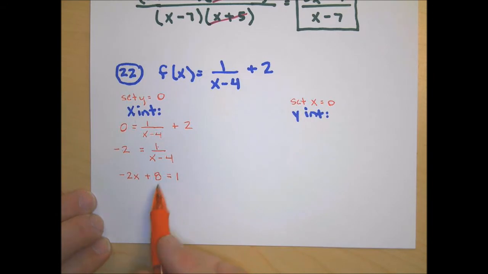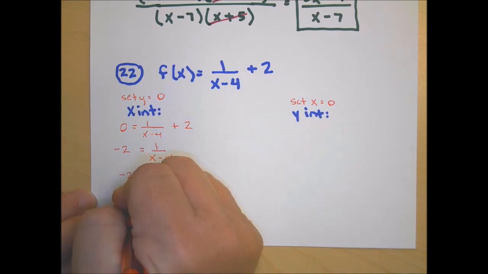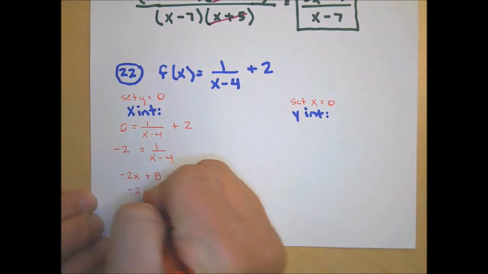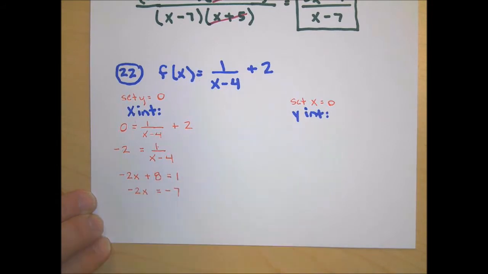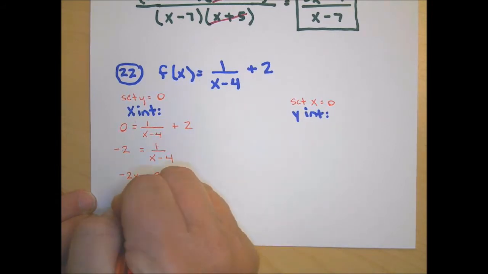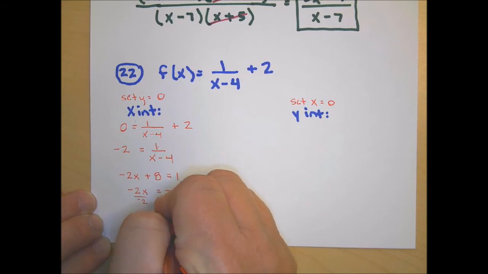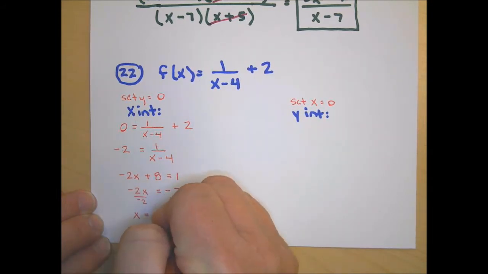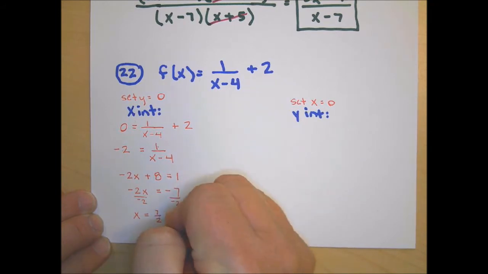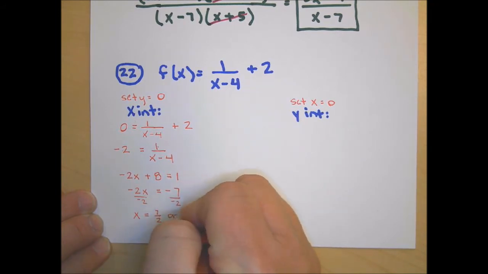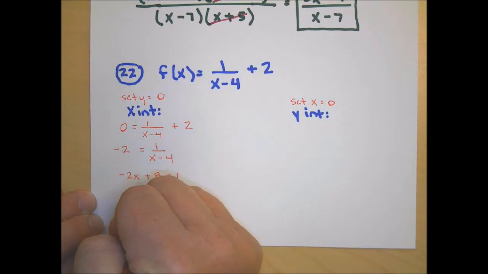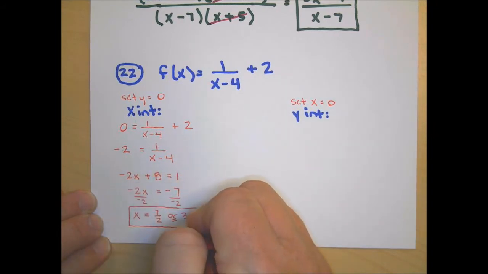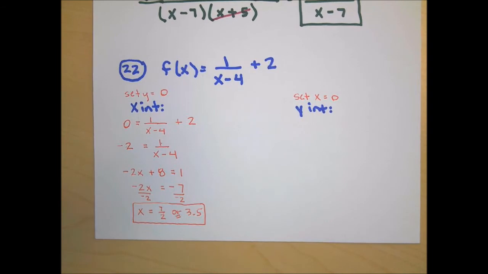So now the next step, subtract 8 from both sides. You'd have negative 2x equals negative 7. Divide both sides by negative 2 as your final step. And you'd have x equals 7 over 2, or 3.5. So if we graphed this, this is where the graph would cross the x-axis.